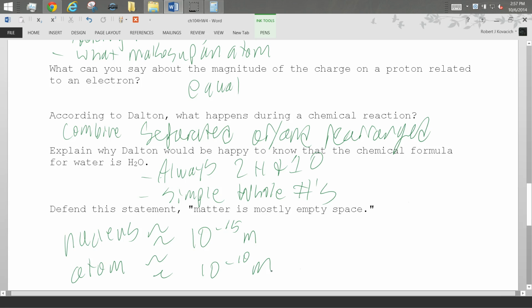I got an atom and it's 10 to the negative 10th meters across. And I got a nucleus and it's 10 to the negative 15th across. So what's the difference between those two things? 5 orders of magnitude. The nucleus is 10,000 times smaller than the atom as a whole. So if I'm talking about the mass of the atom, it's all tightly packed into this tiny, tiny little spot in the middle of this sphere.